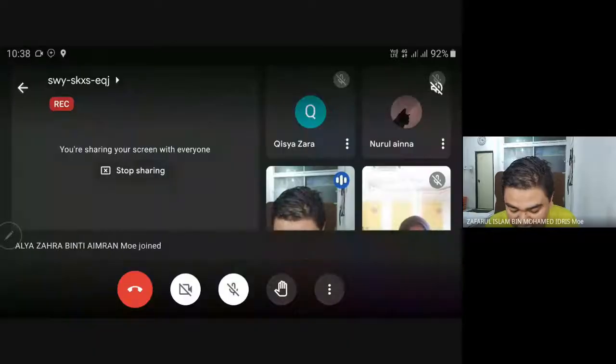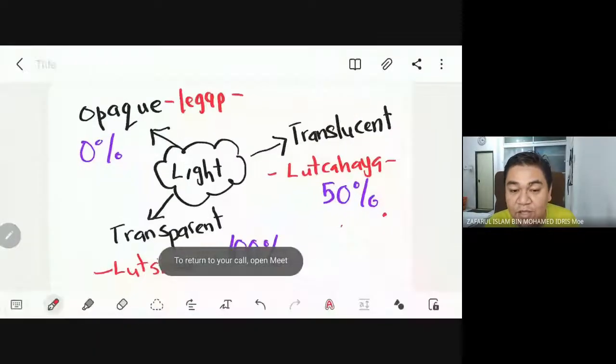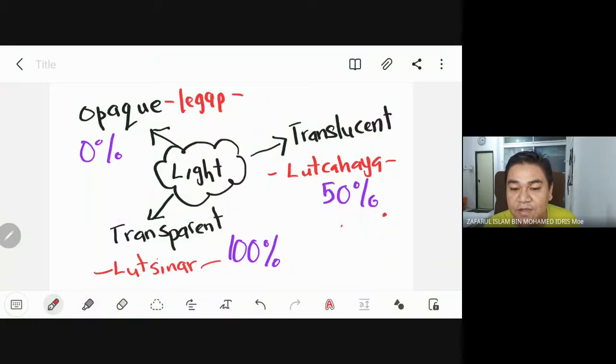Awak bayangkan kan? Macam yang viral dekat dalam Facebook tu, dekat Jepun, dia punya tandas pun sama, transparent. Tapi Jepun dia canggih. Nampak dia transparent, awak tengok daripada luar. Nampak tembus dekat dalam. Tapi bila awak masuk, awak tutup je pintu, suddenly the glass will become translucent.